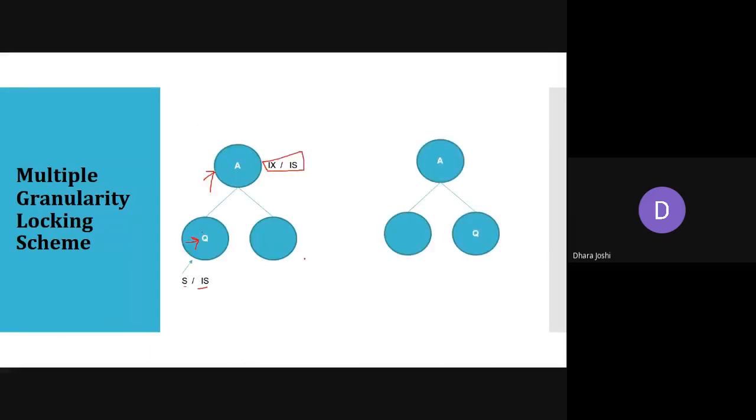For example, here if we want to lock Q in any of the three modes X, IX or SIX, we need to verify the parent, which is A, is locked either in IX or in SIX. Only then am I able to lock this particular Q node.